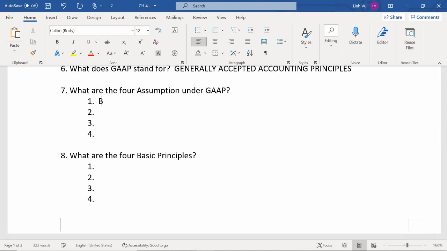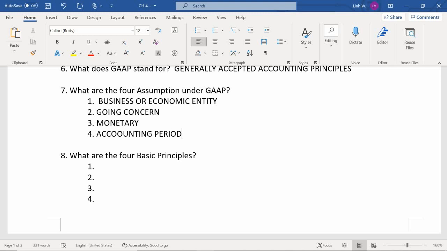Business or economic entity, going concern, monetary unit, and accounting period. Yes, you're right.